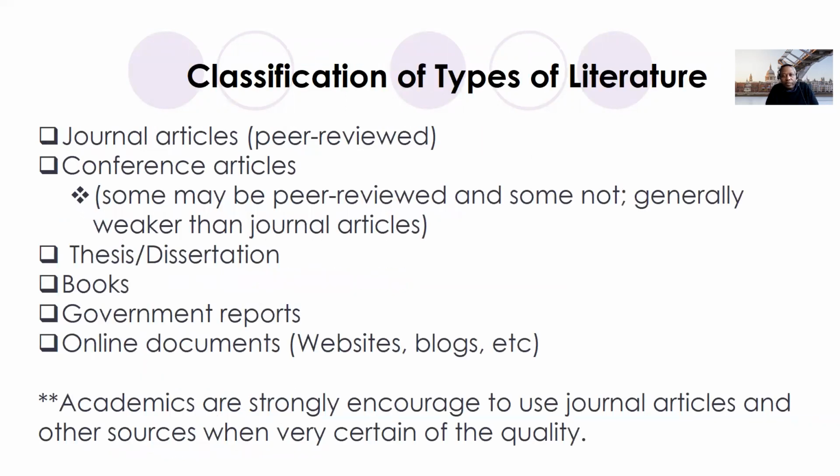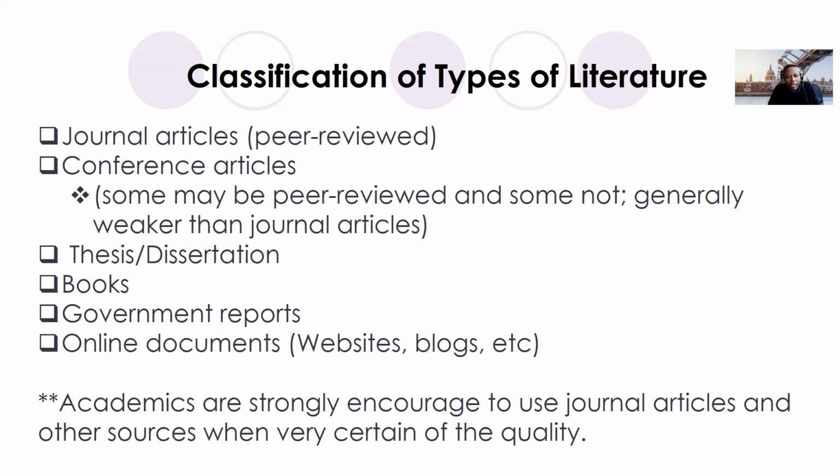And so for the classification or the different types of literature, it can be classified into journal articles, and these are peer-reviewed outputs. And by that I mean it's been reviewed and approved by experts in the field before being published.